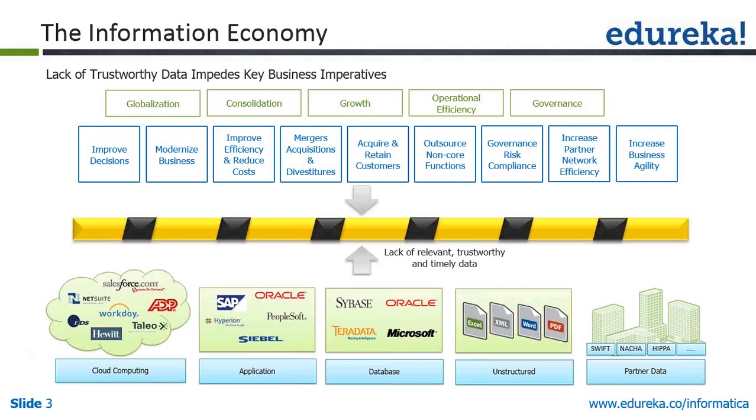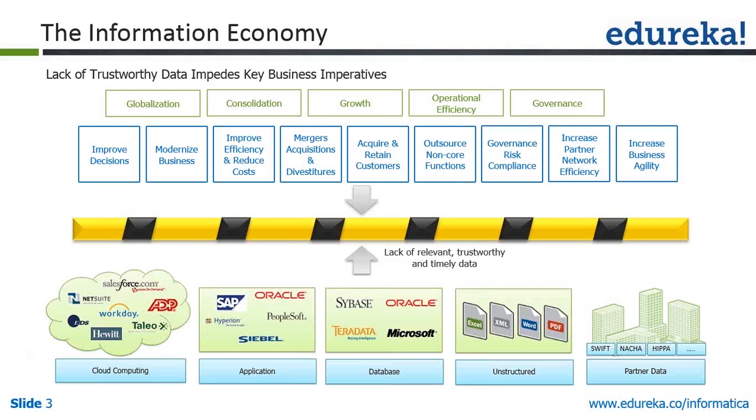Now, above that yellow and black bar, we'll see a lot of business jargon, like improved decisions, modernized business. What are these basically? Companies operating using these systems, to be relevant in the current market scenario, should have these activities in place: improved decisions, modernized business, improved efficiency, and there will be mergers and acquisitions.